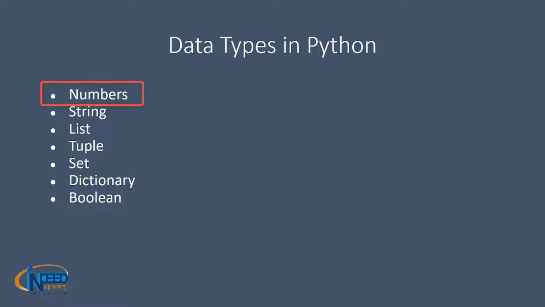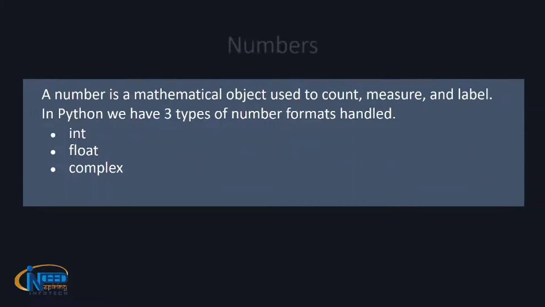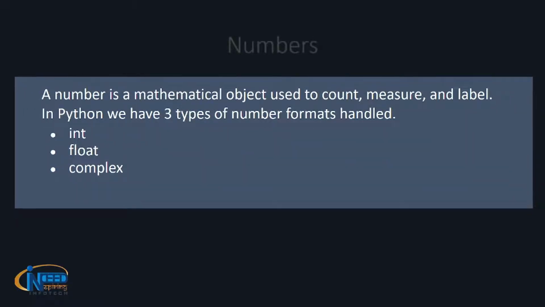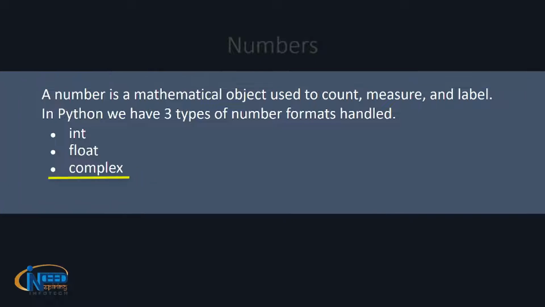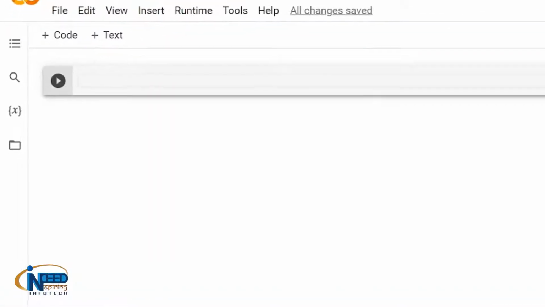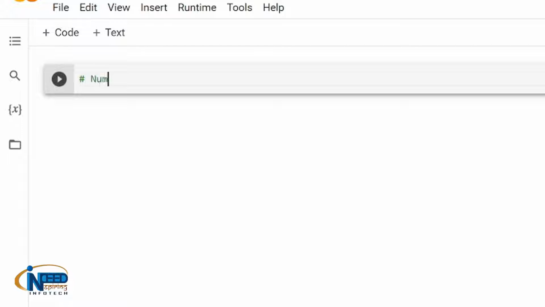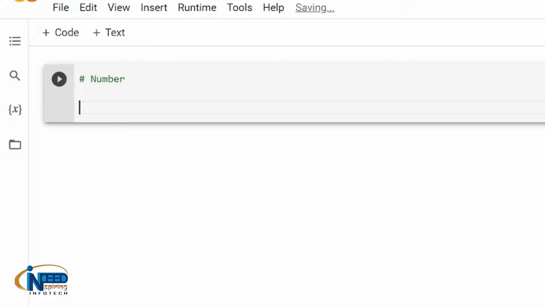The first one is numbers. A number is basically a mathematical object which can be used for counting, measuring or labeling as well. In the case of numbers, we have 3 types. One is integer, another is float and one more is complex. Let us practically see that. So, if I talk about numbers, I can start with a = 10.